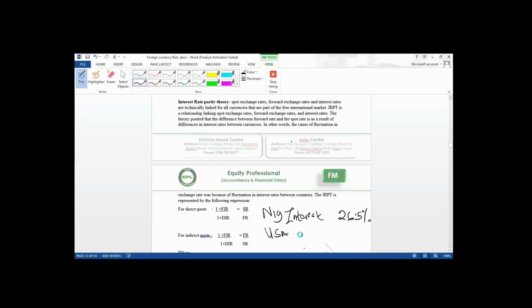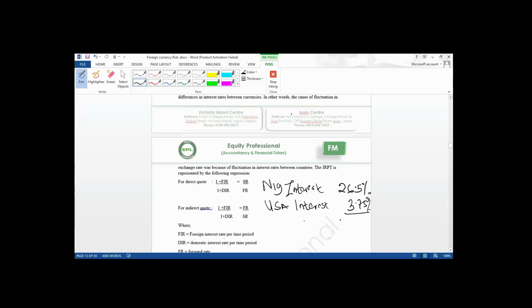United States interest rates, 3.75. Get the difference. 26.5 minus 3.75. The difference here is 22.75.